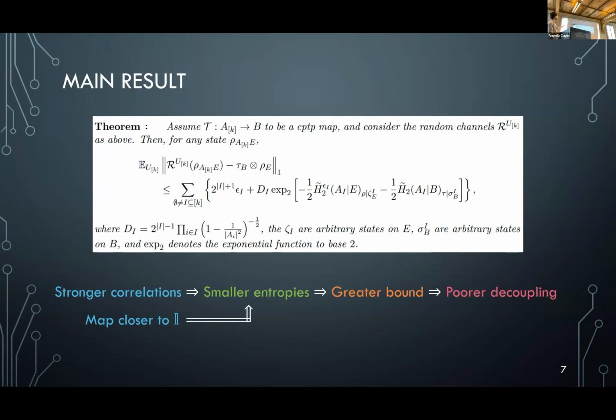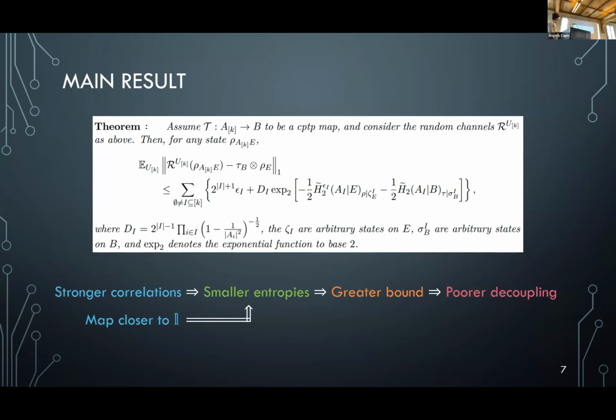Similarly, if our map is very close to the identity, so doing nothing, the entropies will be smaller, so again we will have worse decoupling. This is the main idea, and the way to understand all these entropies individually.